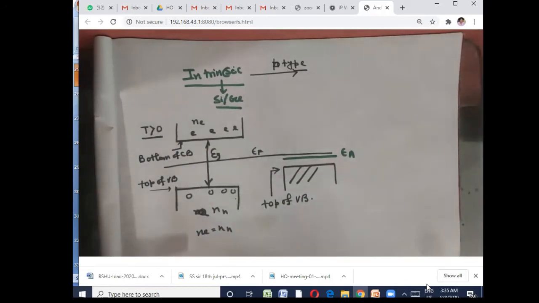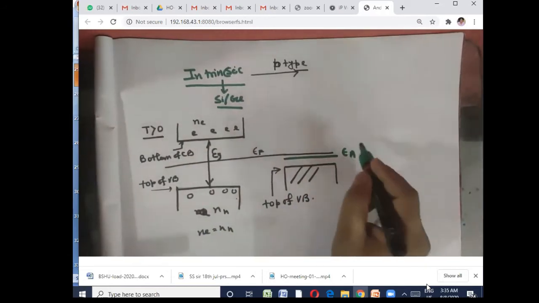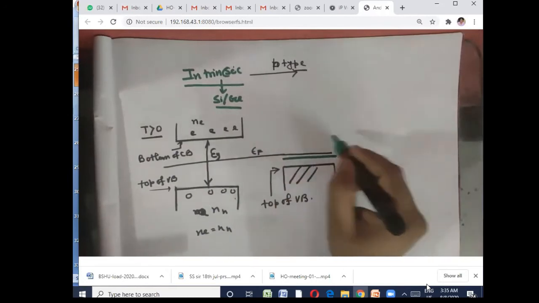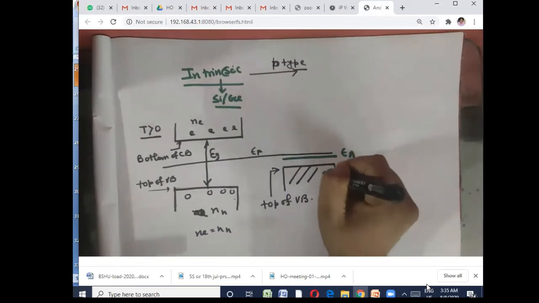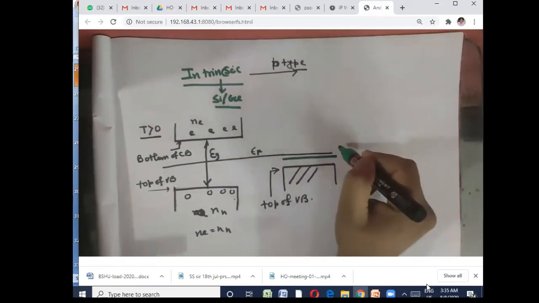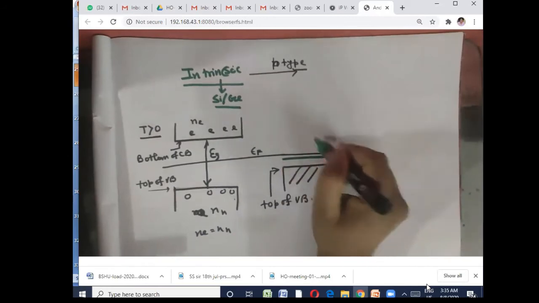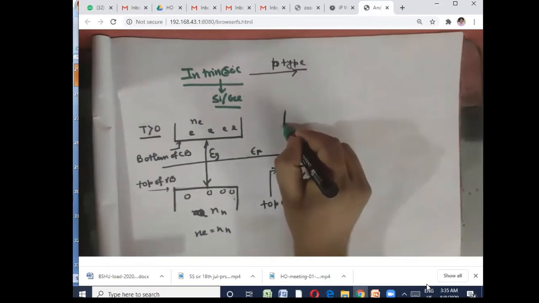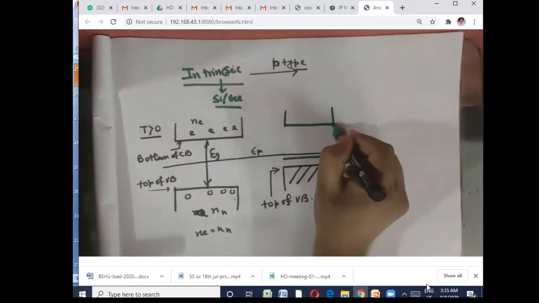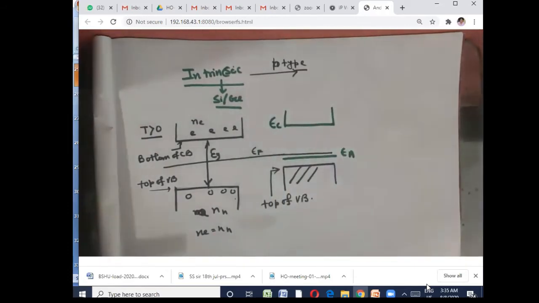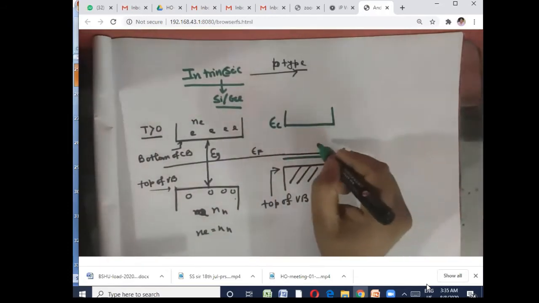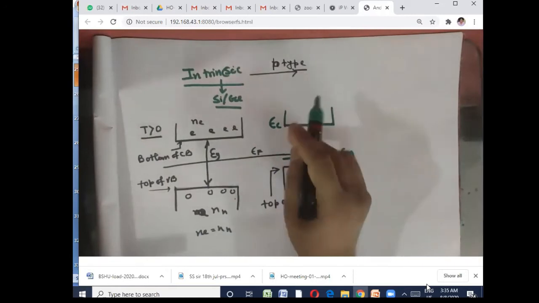So now the Fermi level is common. This is the bottom of the conduction band, and this was the initial Fermi level.